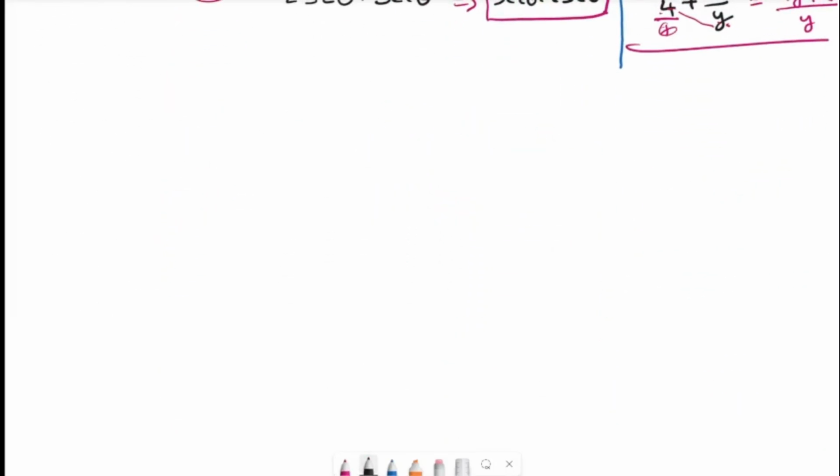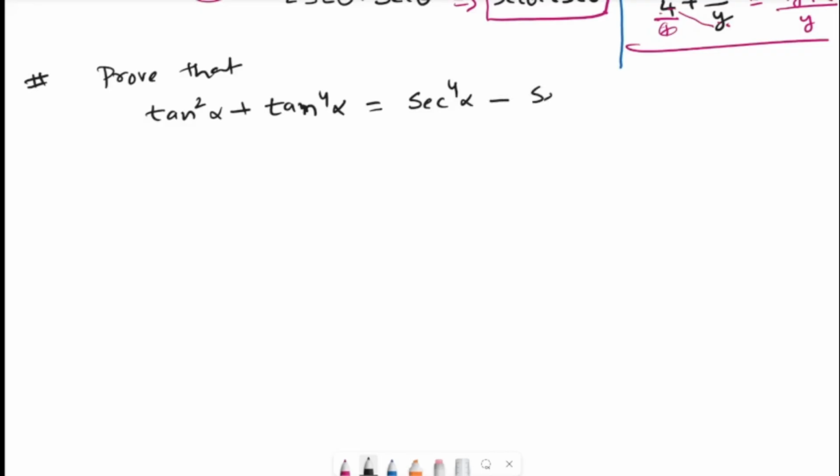Problem number 2 is similar. Prove that tan square alpha plus tan 4 alpha equals secant 4 alpha minus secant square alpha.